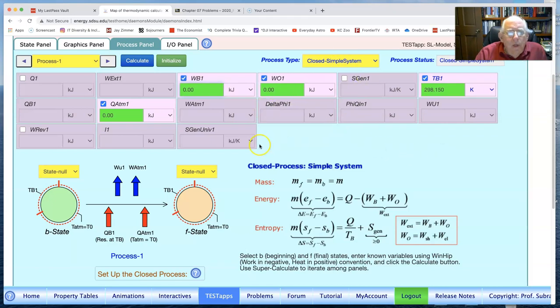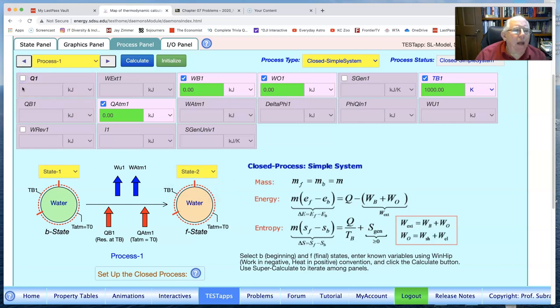We do know that the heat transfer that does occur is coming in at a boundary temperature of 1,000 Kelvin. So I need to change this over to 1,000 Kelvin. And so I know that the heat transfer is equal to how much heat transfer occurs as I go from state 1 to state 2. Now, what I forgot to do was to actually indicate that state 1 and state 2 are the incoming and the outgoing.